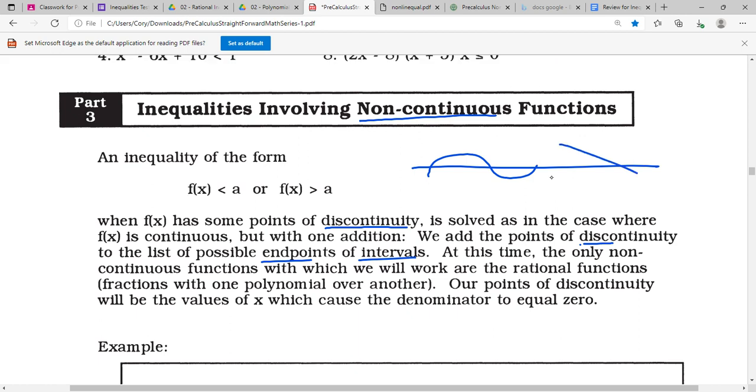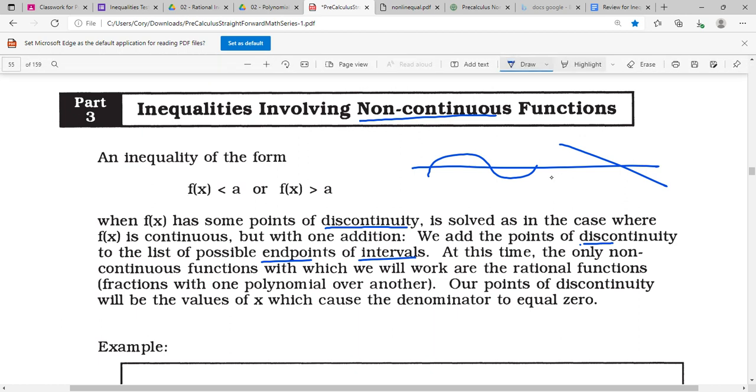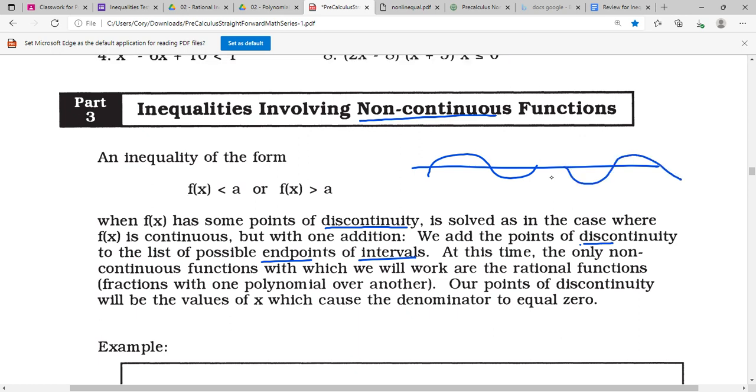The other one stops there, and then that one goes like that, right? So we're going to have a break there. There's going to be an interval that doesn't exist. And we have to add this piece right here in.